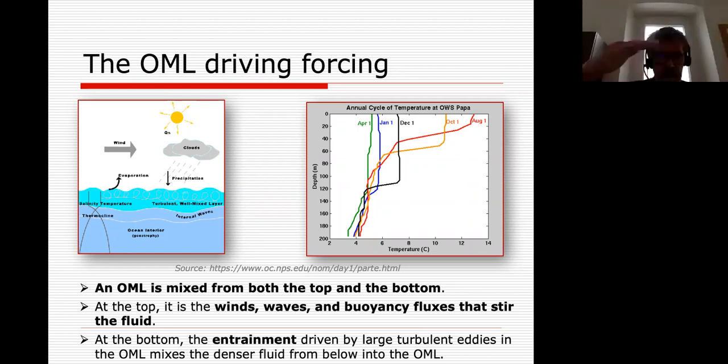So from the upper layer to the lower layer, turbulence is the dominant process that tends to homogenize properties, momentum, and also biochemical parameters within this layer.